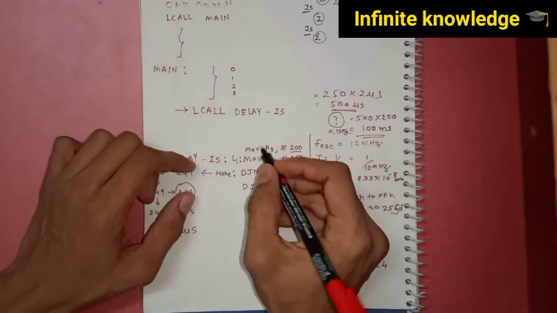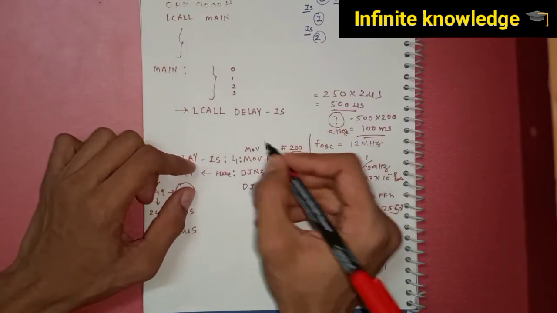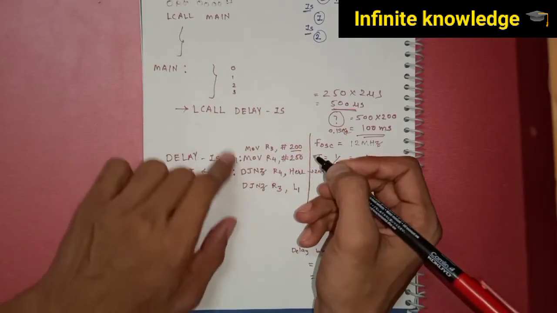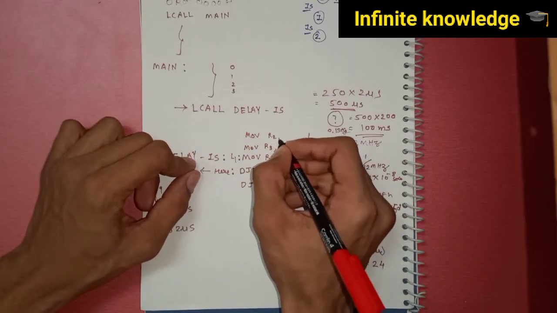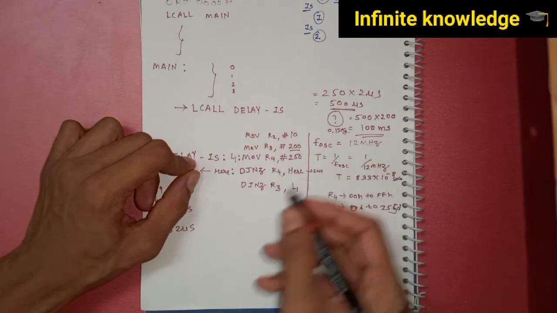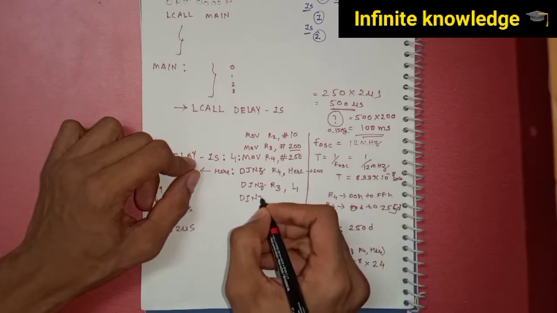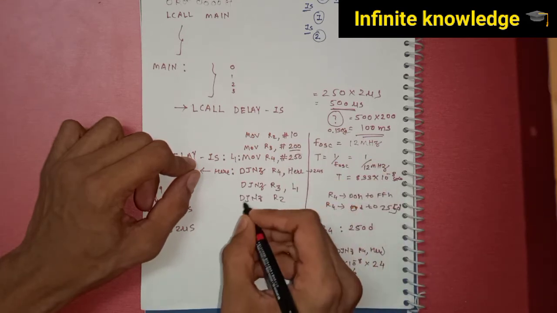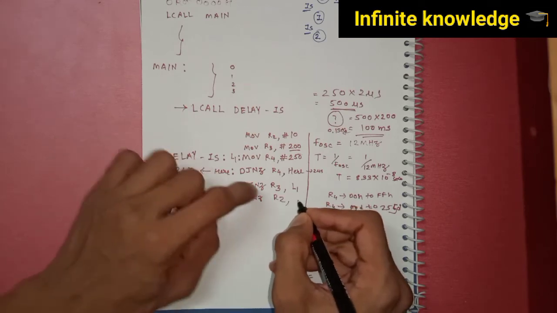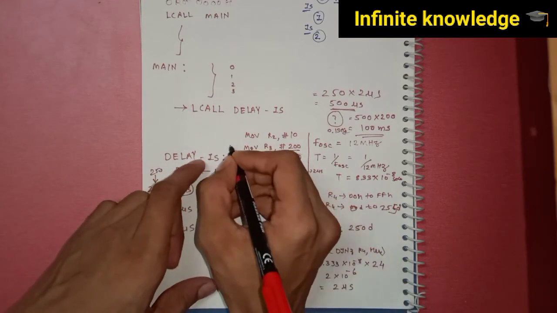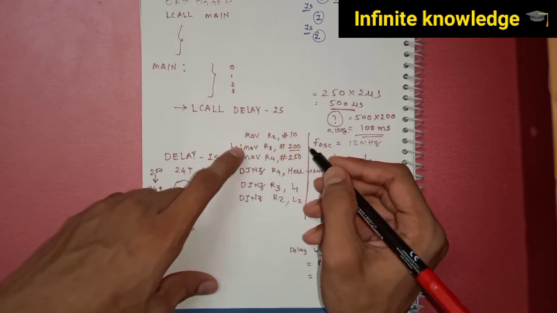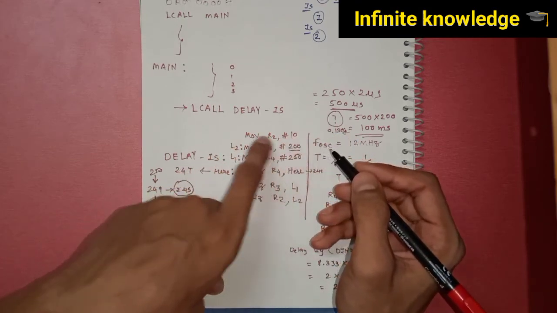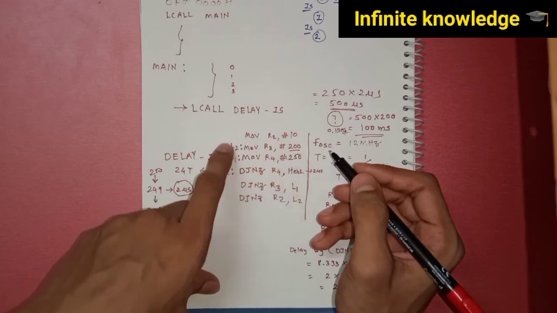So again I use this concept for repeating this loop 10 times. I have again added MOV R2, 10, and DJNZ R2, decrement and jump if not equal to 0, to L2, and I have to jump here because I want to repeat this whole process 10 times.